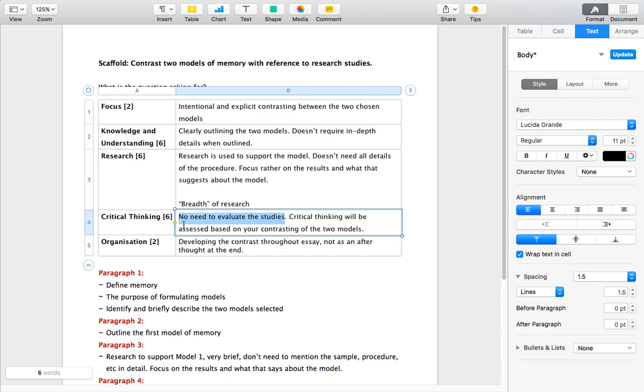Finally, I think it would be good for you to actually look at the model and maybe the drawbacks of it and the strengths of it. You don't have to do it as different points, but you can use it as comparisons. For example, the multi-store model suggests that information just travels in one direction, which is quite limiting because we know we are constantly accessing information from our long-term store.